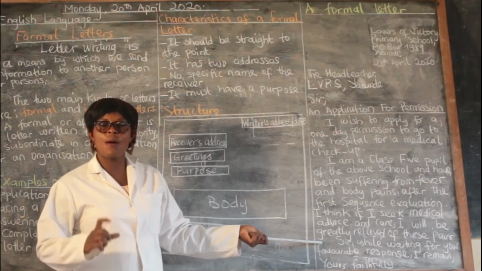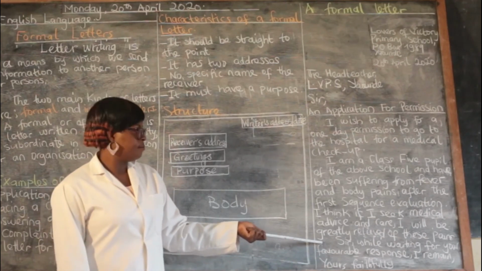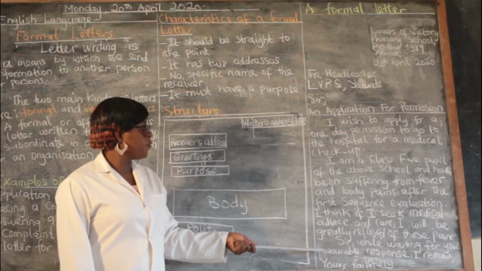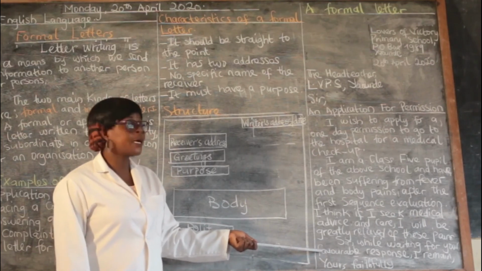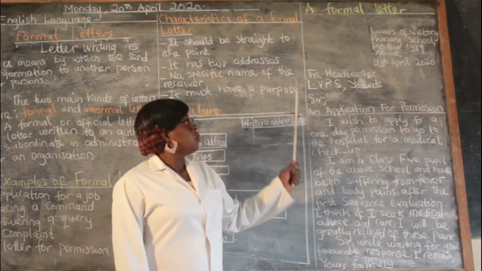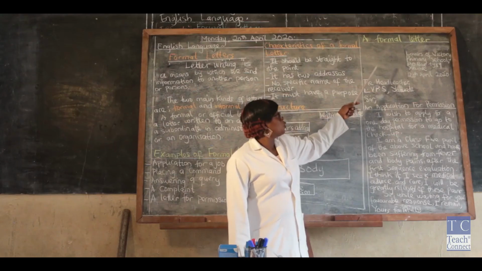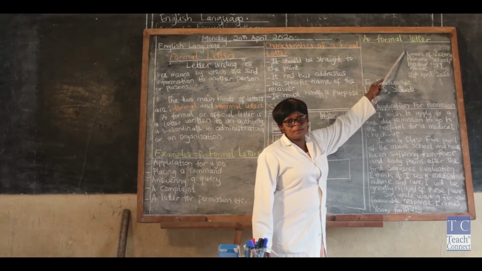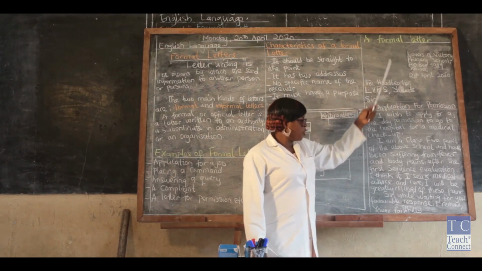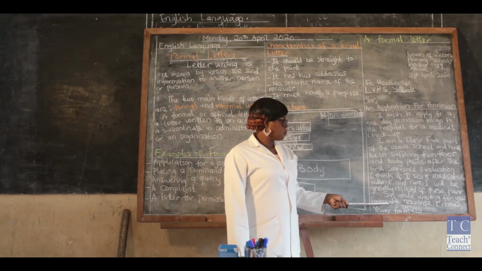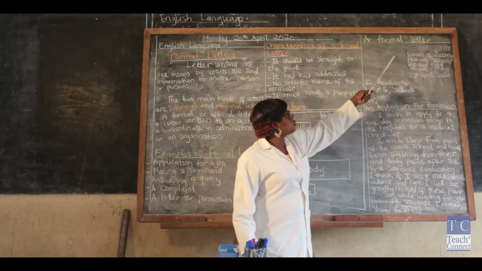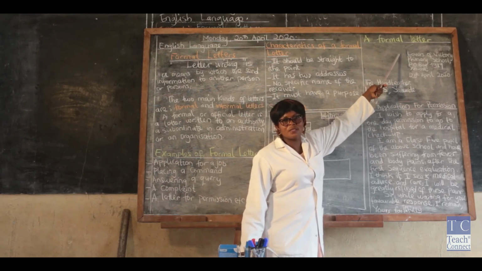Finally, we have our polite conclusion. Sir, while waiting for your favorable response, I remain yours faithfully. With formal letters, you don't need to write your name at the writer's address. And when you are concluding, you have to write your name and sign because you did not put your name at the writer's address.